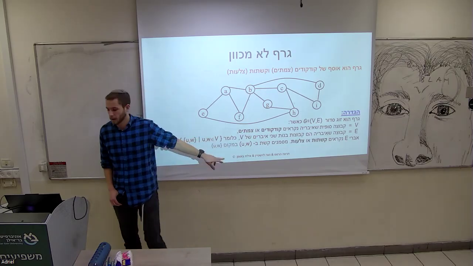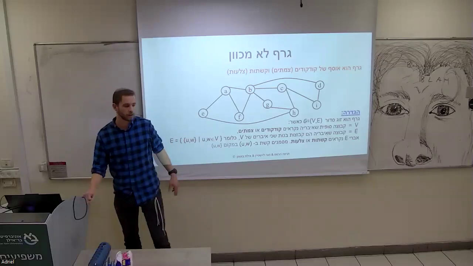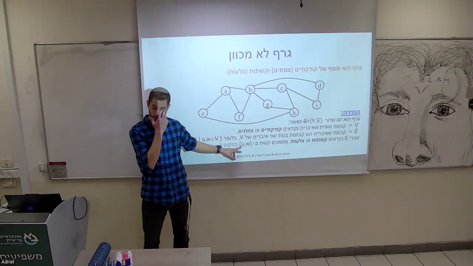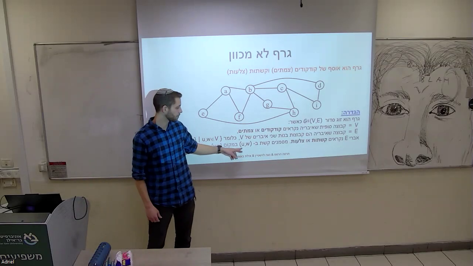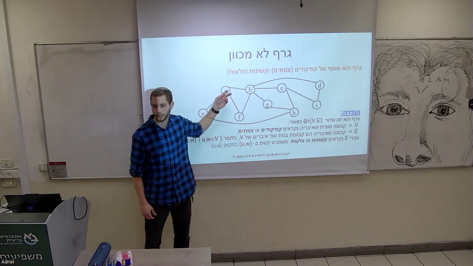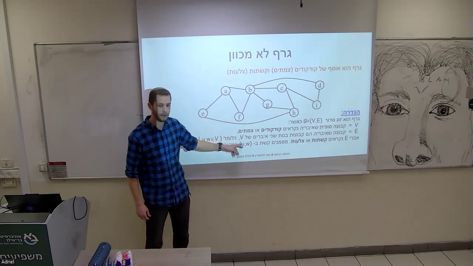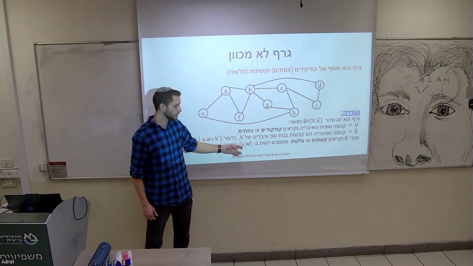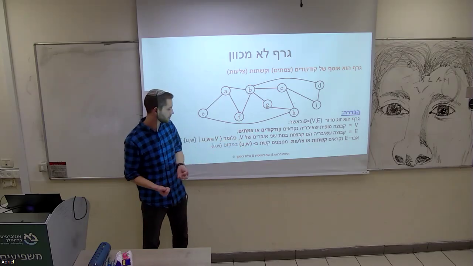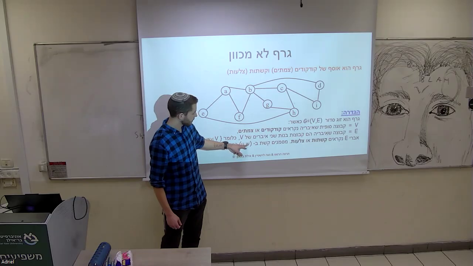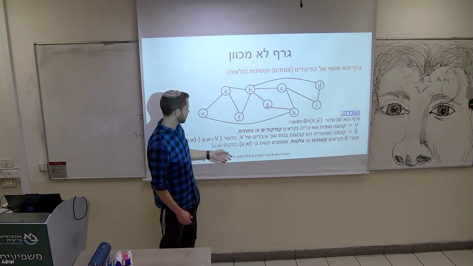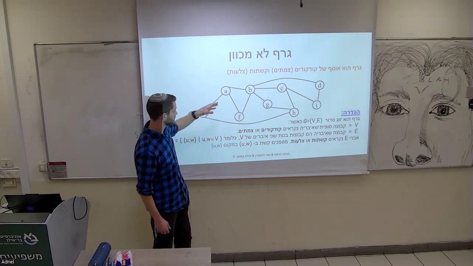Now, it's a little bit confusing, but usually when you see circular pairs, it means that it is a directed graph, right? Because that means the order matters, right? So V is where the edge comes out from, and the W is where it goes to. So it's the origin and the destination, right?